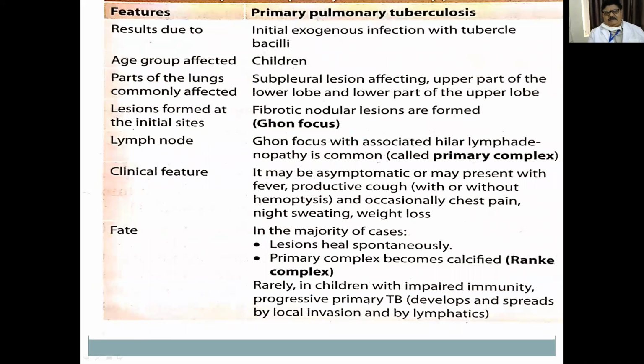Some detail about this: where it occurs, what the clinical features are, and what happens to the fate. In the majority of cases, the lesions heal spontaneously. Rarely in children, the primary complex can impair the immunity, and progressive primary tuberculosis develops and spreads by local invasion and by lymphatics.